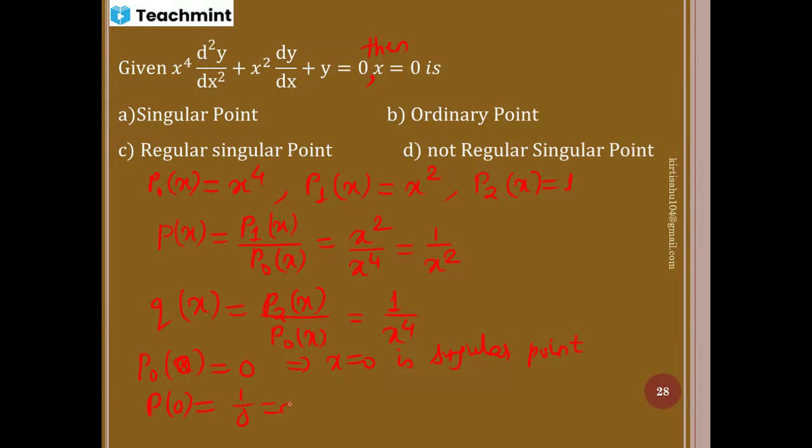What we get is infinity. Again q of 0 also comes out to be infinity. So both are not finite. So what is the nature of the point x equal to 0? It's not a regular singular point, right? It's a singular point, but it is not a regular singular point. So option D you have to select.